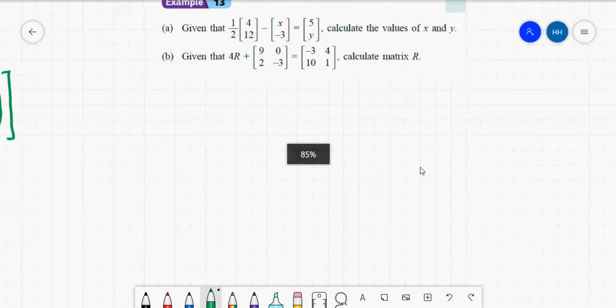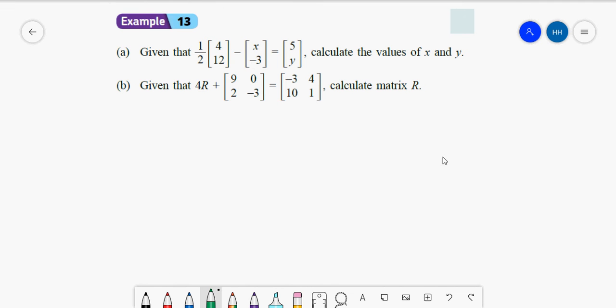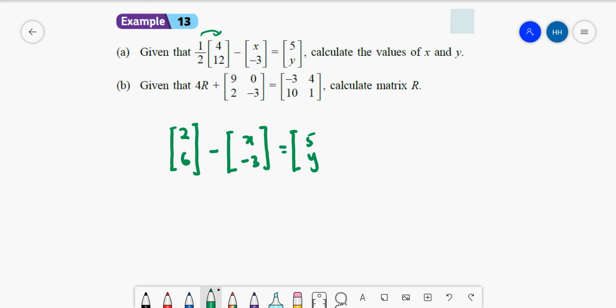Next, for this case, like solving the equation, the combination of subtraction and scalar multiplication. So to find the unknown x and y, but for question B, you need to find the matrix R. So for A, you multiply this first, 2, and then 6, minus x, negative 3 equals 5, y.